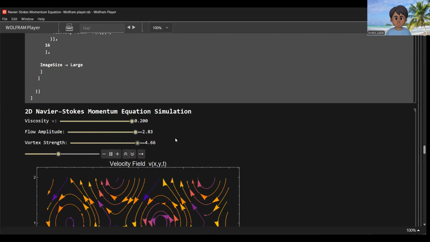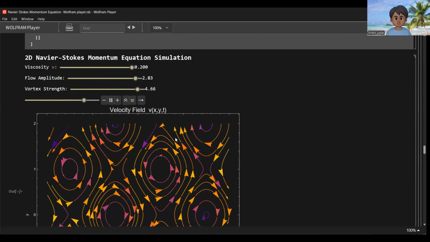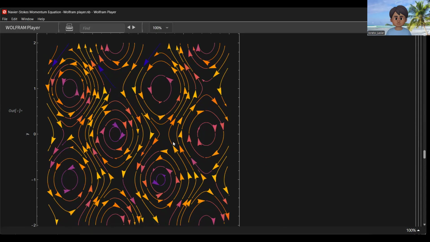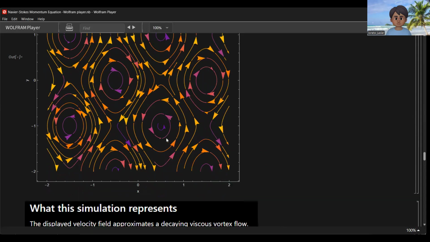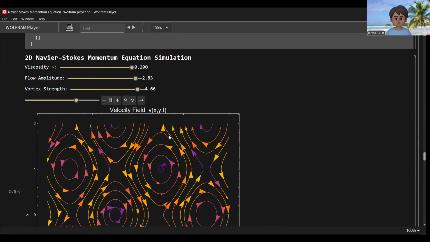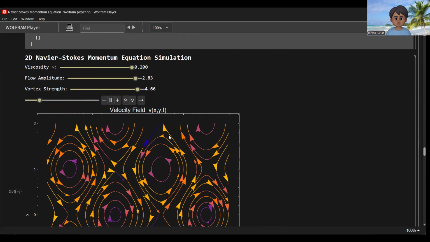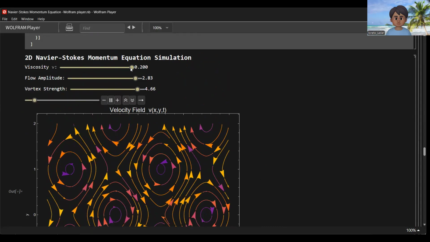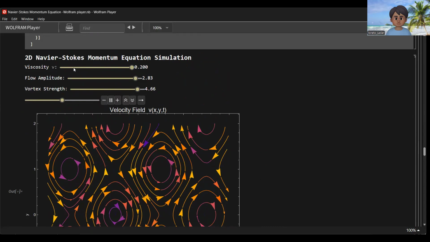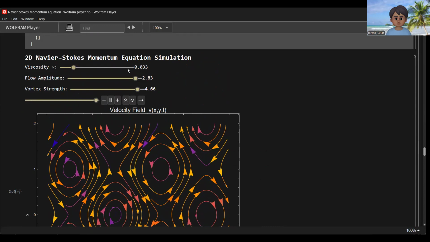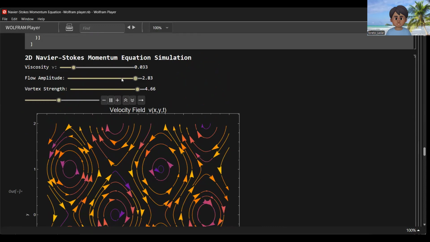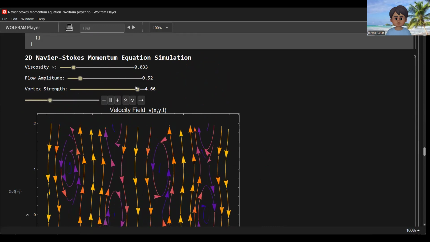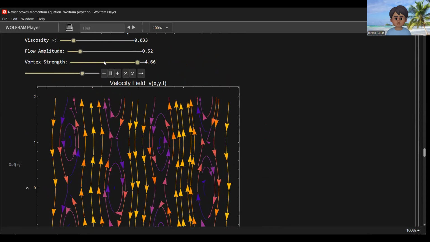If we increase all the quantities here, so we increase the vortex strength and also the flow amplitude, and decrease the viscosity, it can also decrease the velocity of the water, of the fluid, and also the vortex strength here.